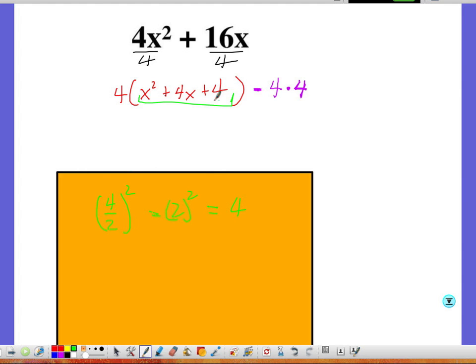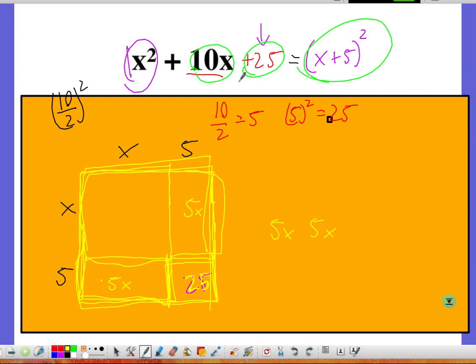Remember when we took this, x squared plus 4x plus 4, I have to find what it's equal to. And remember, it's always going to be x and it's squared. I just have to figure out what goes here. And the way I figure that out is by looking inside the parentheses here. What is 4 divided by 2? Well, that's positive 2. And so that completes the whole rest of my equation.